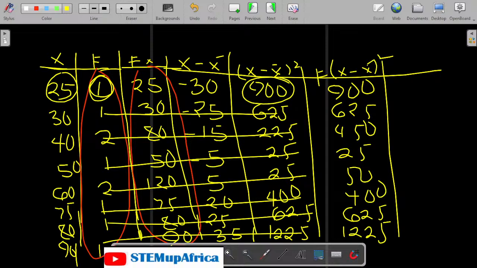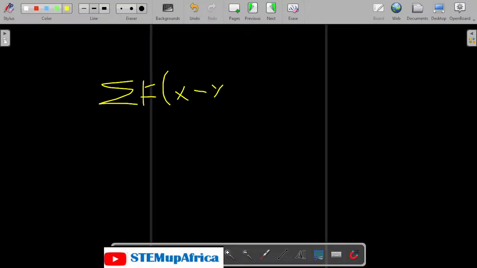That will give us 4,300. So I will go by writing summation f into x minus x bar all squared is equal to 4,300. So with this now, you can now find your standard deviation.